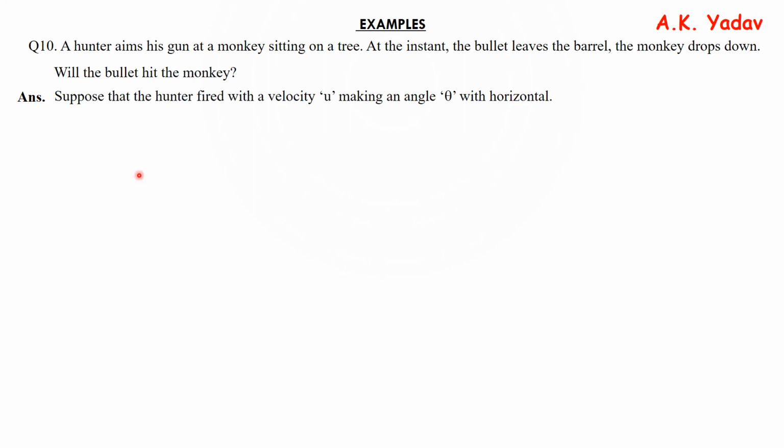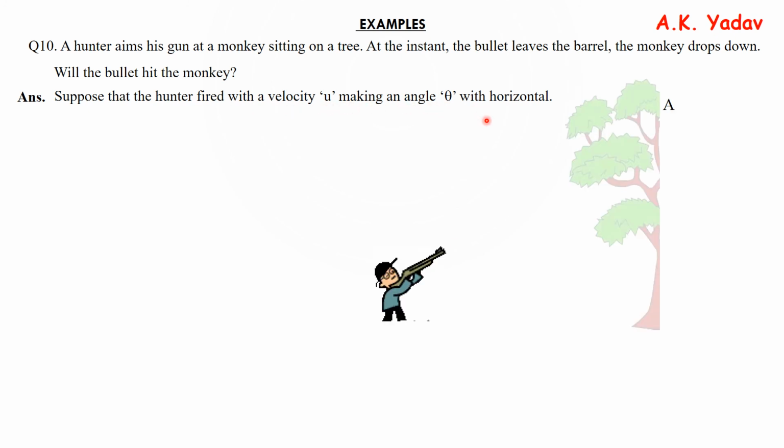So let us suppose that the hunter fired with a velocity u, making an angle theta with horizontal. This can be resolved into two components, horizontal component u cos theta and vertical component u sin theta.